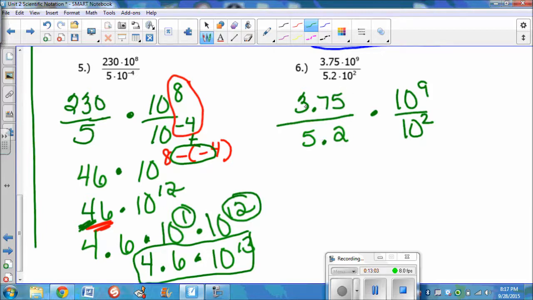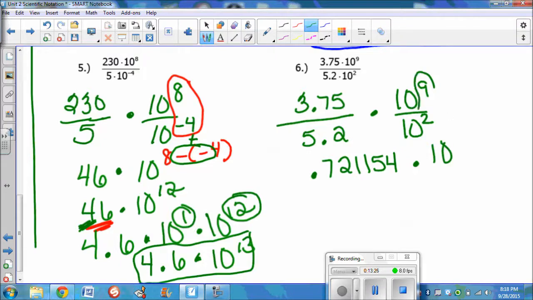Even if you don't have a calculator at home, maybe you have one on your phone, or just a quick little 4-function calculator. You can do that division, okay? And you end up with 0.721154. Wow.